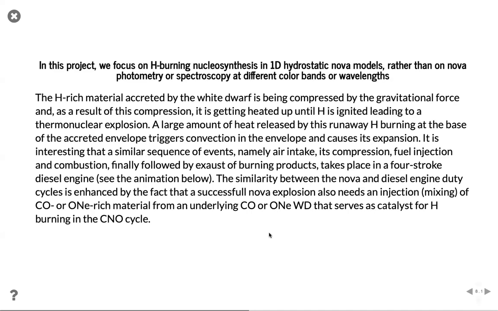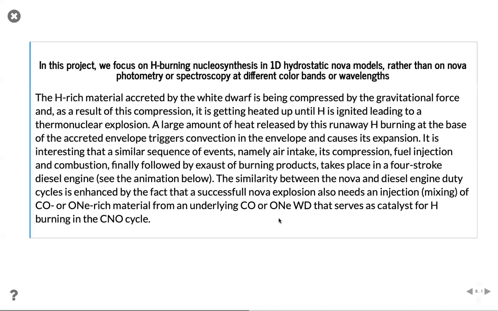Let me just repeat that for an efficient nova explosion, as is observed, the accreted hydrogen-rich material during the explosion has to be mixed with a non-negligible fraction of material from the underlying white dwarf. Okay, I will talk about this soon.